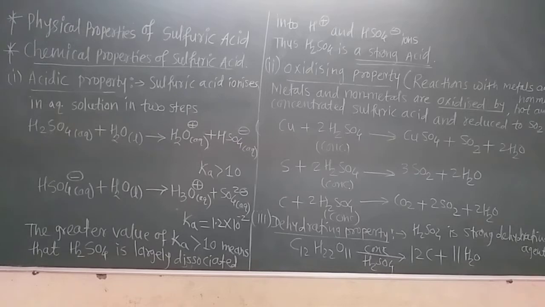The third physical property is that it freezes at 283 Kelvin and boils at 611 Kelvin. That is the freezing point is 283 Kelvin and the boiling point is 611 Kelvin.